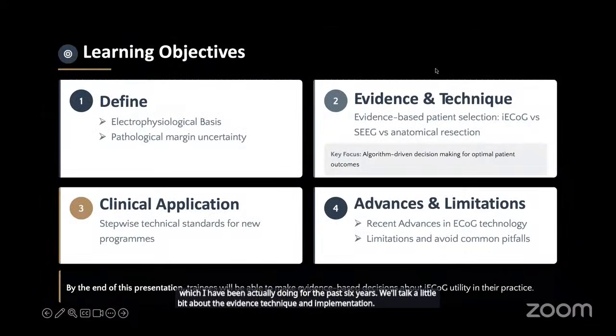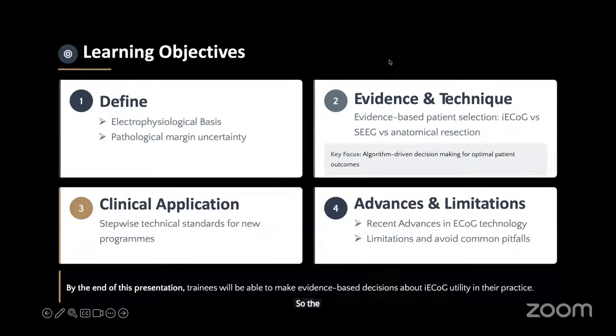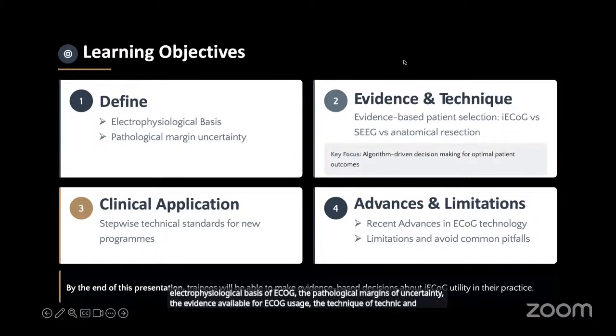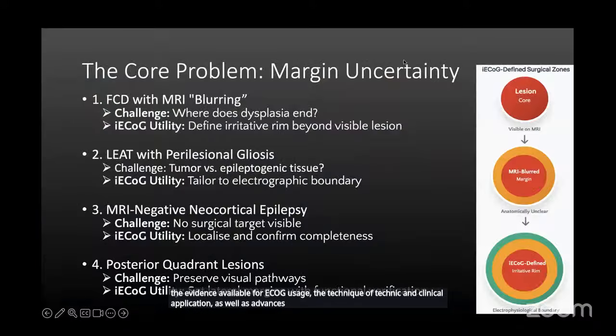The main objectives of this talk are to cover the definition and electrophysiological basis of ECOG, the pathological margins of uncertainty, the evidence available for ECOG usage, the technique and clinical application, as well as advances and limitations. The main problem here is the margin of uncertainty.